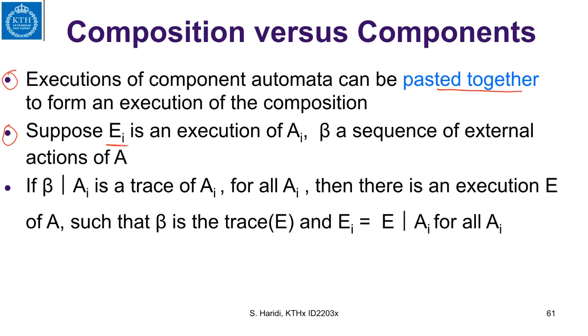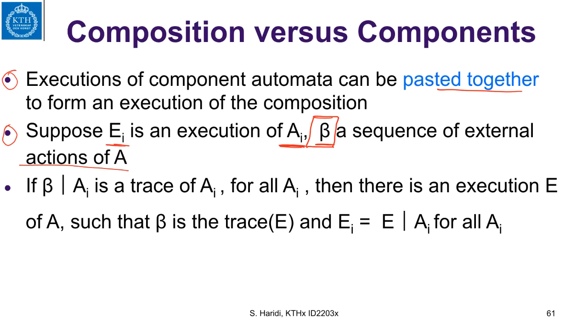Suppose that EI is an execution of the component AI, and beta is a sequence of external actions of the composed automata. So if beta satisfies certain properties that we mention now, we can put together the executions of the component automata to have an execution of the composed automaton.